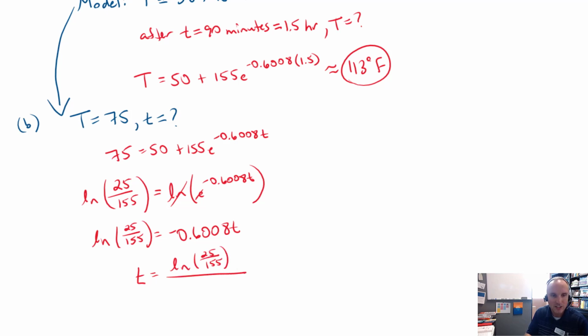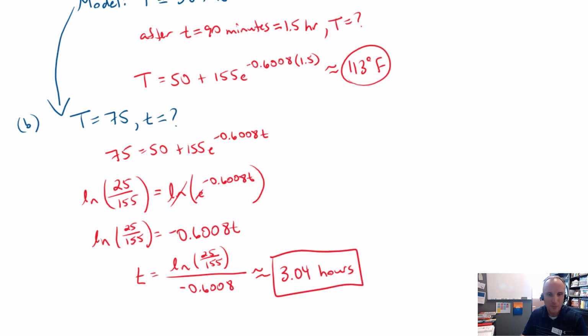Make sure when you type this in your calculator, you do the log divided by negative 0.6008. And I get about 3.04 for my time, and I know my time is measured in hours. So it will take about three-ish hours for the temperature to cool all the way down to 75 degrees Fahrenheit.